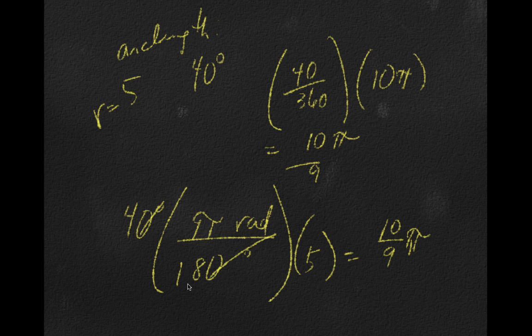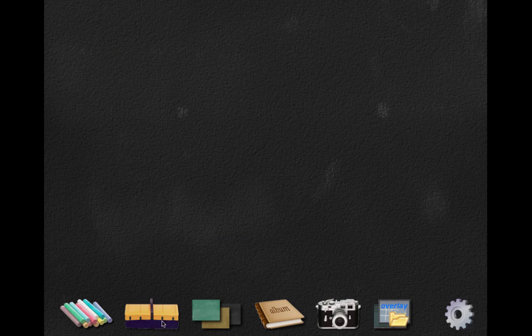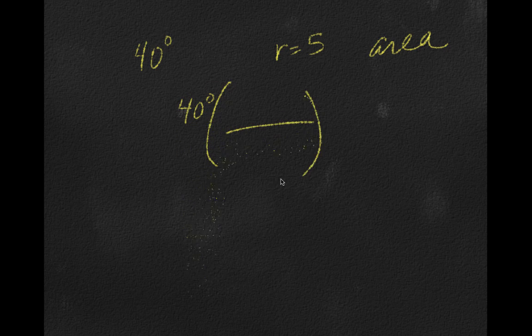I'm still going to do 40 degrees, radius 5, and now I want area of a sector. So I need to first change this. 40 degrees, canceling degrees, getting radians: the pi up here, the 180 down there.